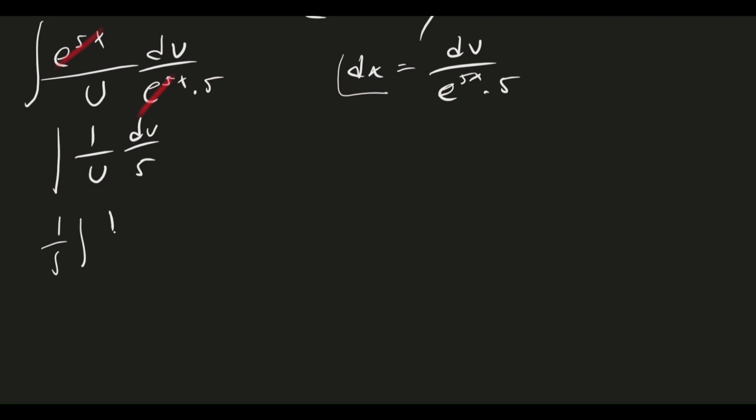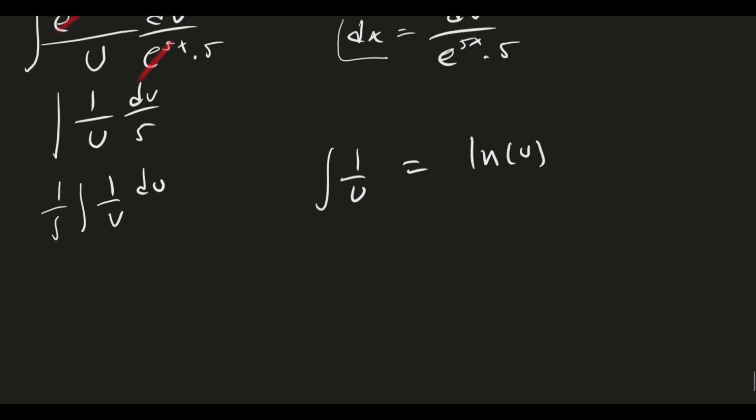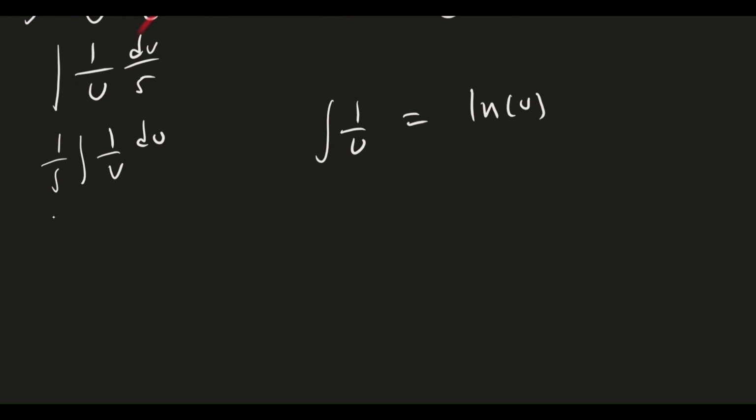So there's another rule that the integral of 1 over u is equal to ln u, right? So we can now say that we have 1 over 5 ln u plus the constant of integration.